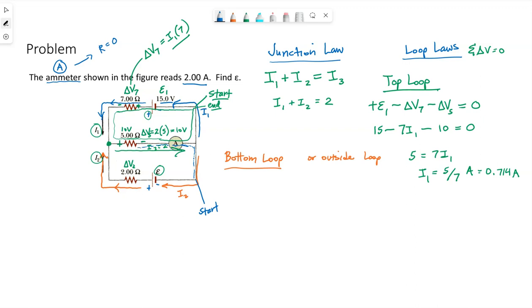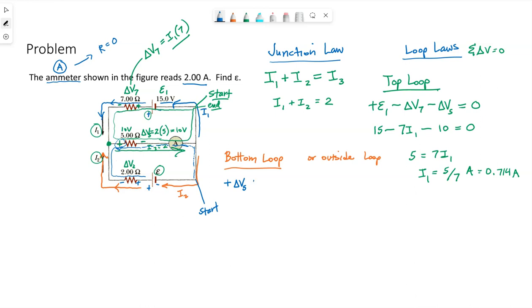The first thing I come to is this 5 ohm resistor. Because I'm moving opposite the current, I'm going to see an increase of delta V across that 5 ohm resistor. As I continue down here and go through this 2 ohm resistor, my path is taking me opposite the current. And again, current flows high to low.